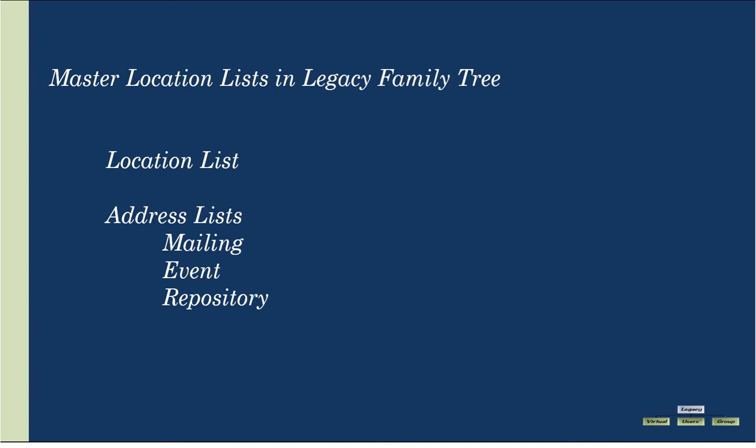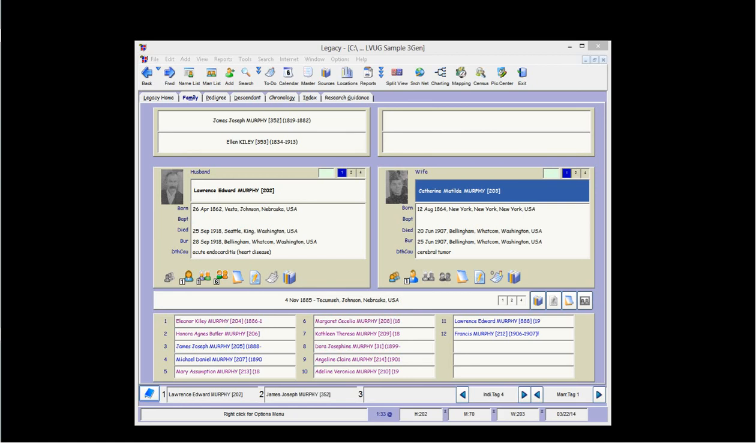So let's get started. Now, as we've talked about before, I think it's a really good idea to make up a playground or a sample file for yourself that includes members of your own family. And this is relatively easy to do in Legacy by importing or copying a portion of a family file.